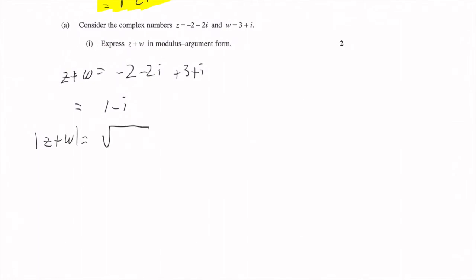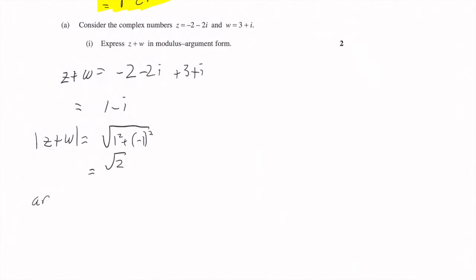So we need to first express z plus w in the modulus argument form. Well, z plus w is equal to minus 2 minus 2i plus 3 plus i, which is equal to 1 minus i. Recall, we need to get the modulus of z plus w, which is equal to the square root of 1 squared plus minus 1 squared, which is equal to root 2.